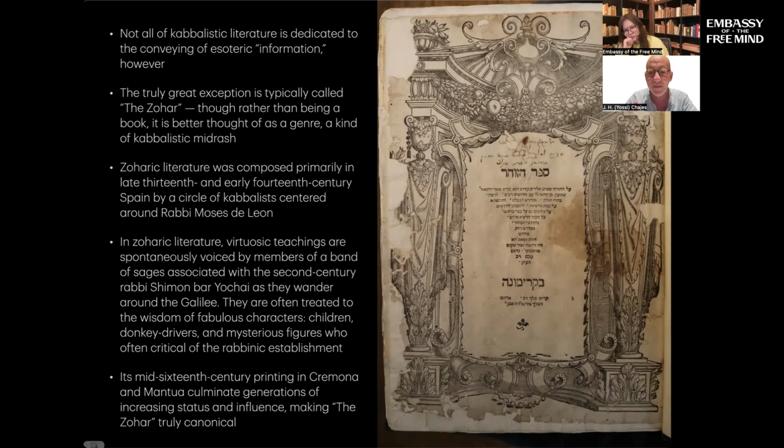And what you have in Amsterdam is a very rare Cremona first edition. The Zohar was printed in the same year, I think 1552, maybe, both in Mantua and in Cremona. In Mantua in 3 volumes, in Cremona in 1 large volume.